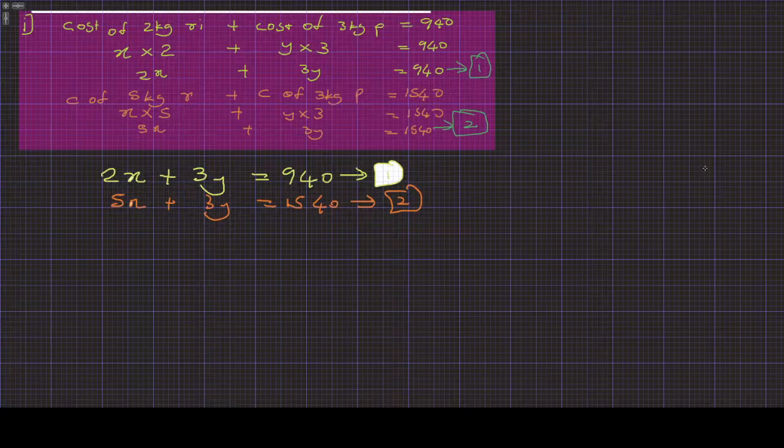So when we use the method of elimination, the first thing that we're going to determine is which letter we are going to eliminate. How do we decide that? The letter which has the same coefficient is the letter that has to be eliminated. Now look at x. What are the numbers in front of x in the first equation?